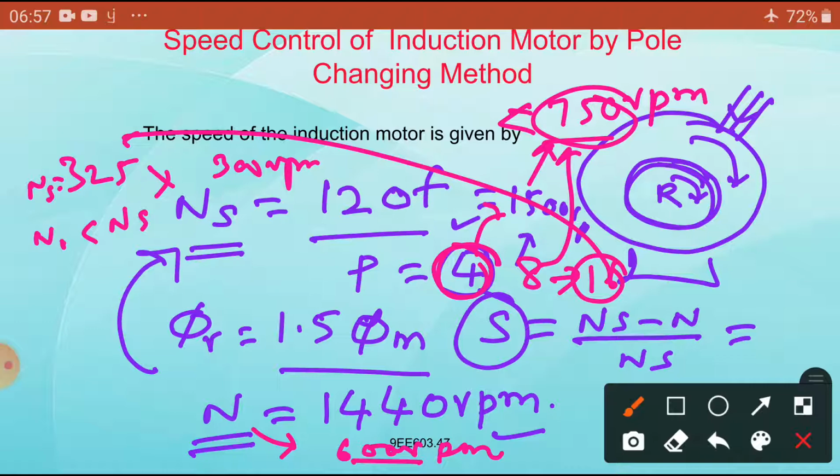So how is it possible to change the number of poles? Here are the two main method concepts.